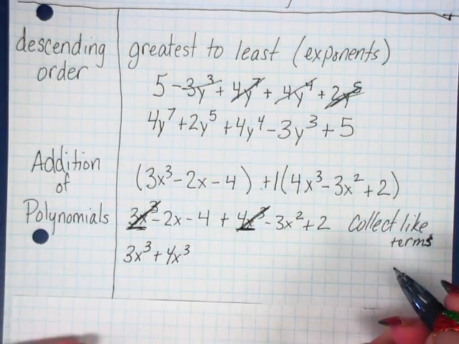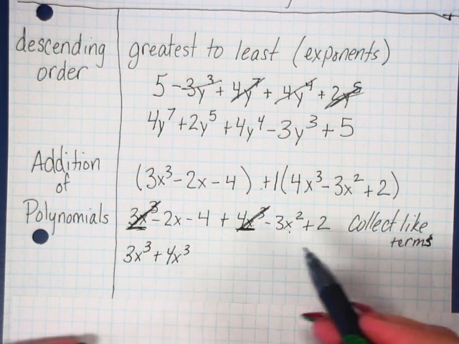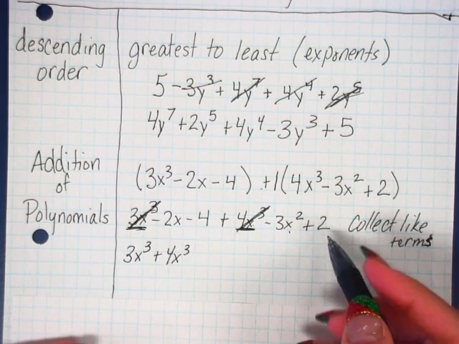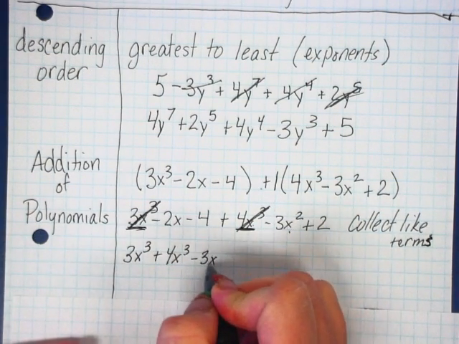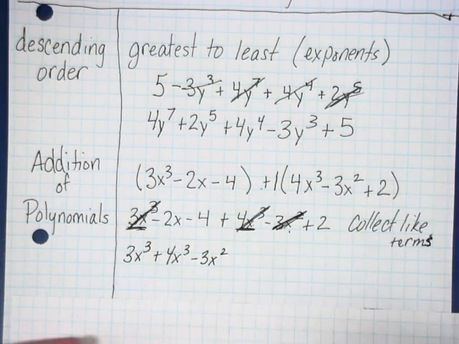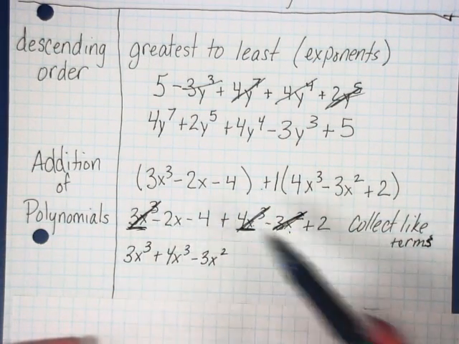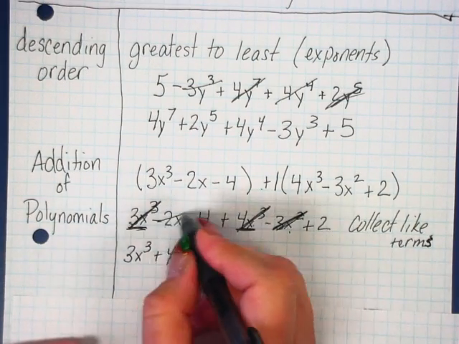I look for the next thing that's similar. Well, I've got an x squared, kind of thinking of descending order again. That would be my next thing. There's no other x squared, so I'm going to put minus 3x squared. My next, thinking of descending order, is x, and there's only that one x, and it's minus 2x.